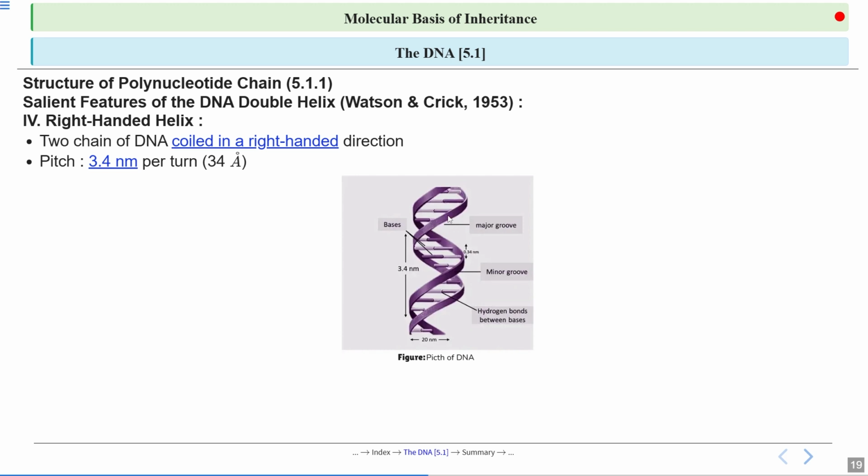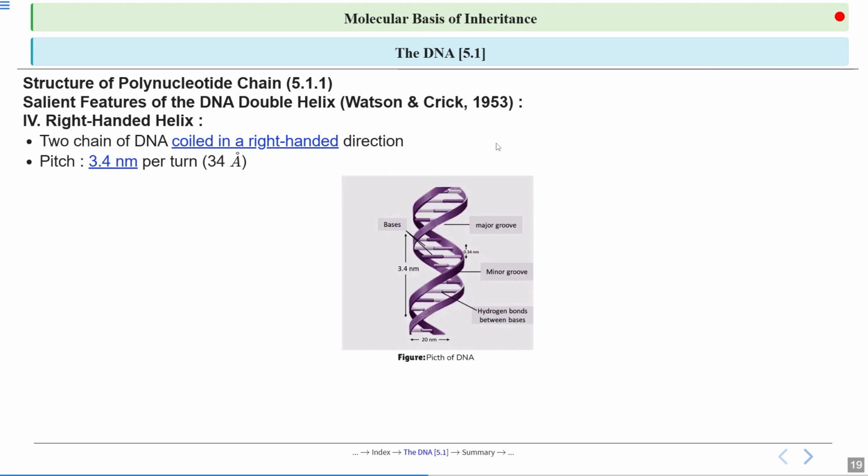In this whole one turn, there are 10 base pairs. You can even count: 1 2 3 4 5 6 7 8 9 10. So in one turn, which is a distance of 3.4 nanometer, there are 10 base pairs.